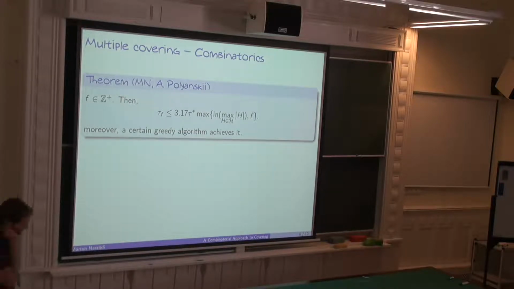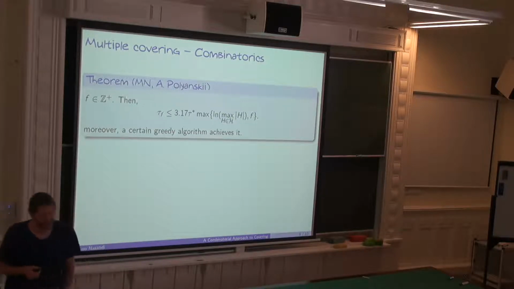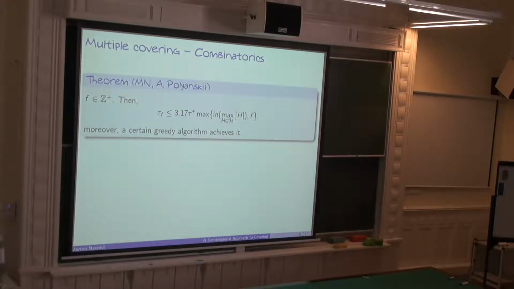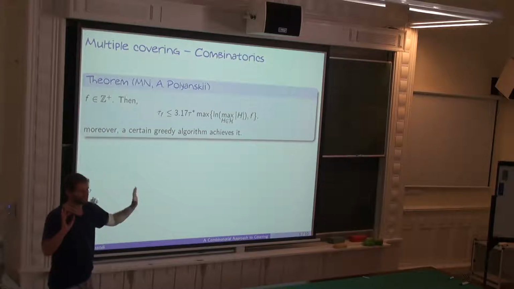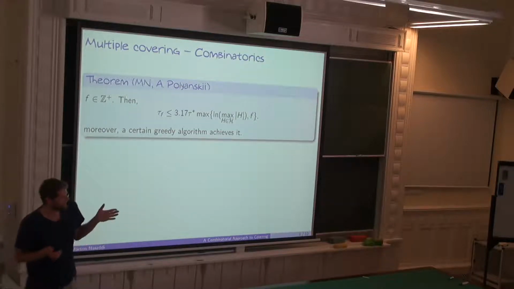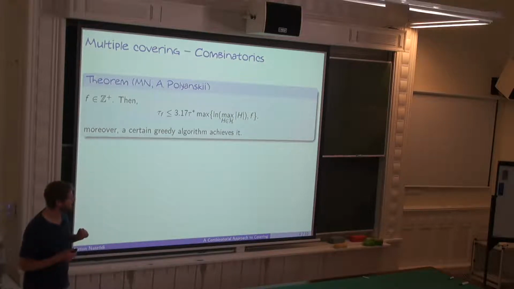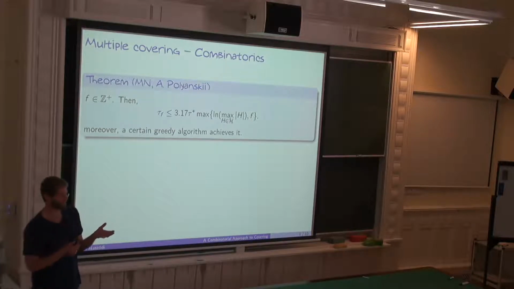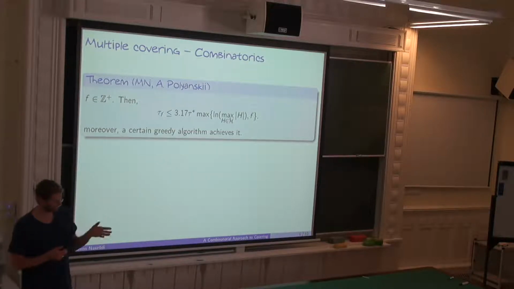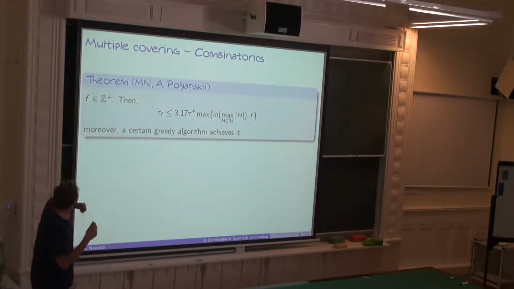One natural way of going forward is to ask about multiple coverings. Now I'm in the abstract, combinatorial setting. Given a finite set and some family of subsets of this set, you don't just want to select a small subfamily which covers your set, but you want to select a subfamily which covers every point f times.